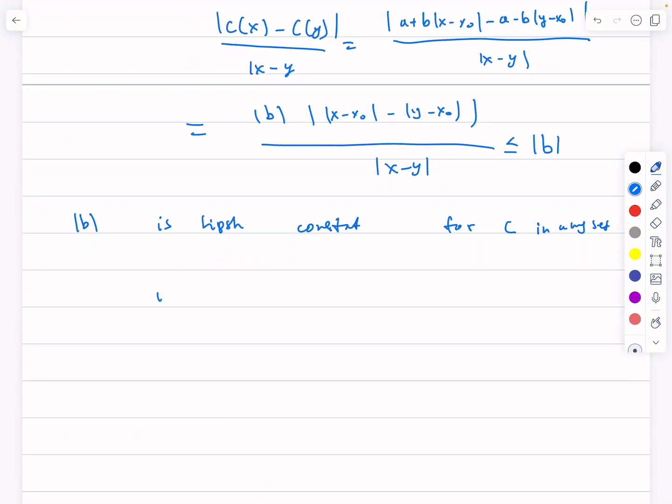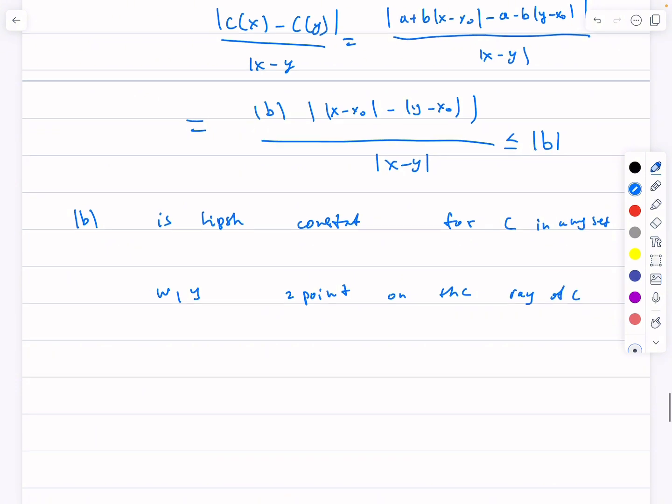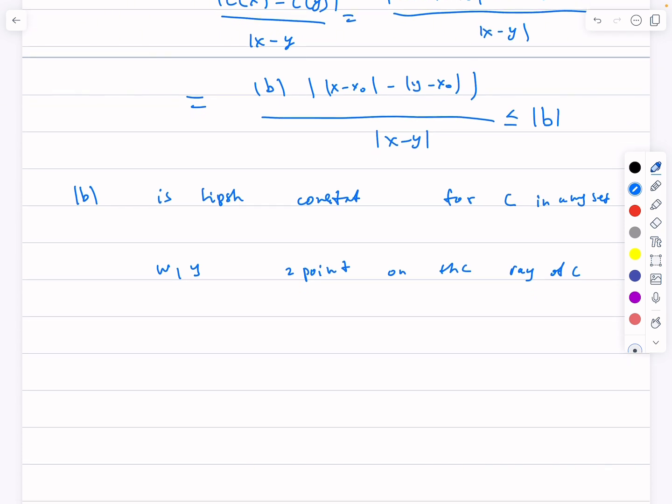We take w and y, two distinct points on the ray of C. Now we have y equal to x0 plus alpha times x star minus x0, and w equal to x0 plus beta times x star minus x0, where alpha and beta are positive.